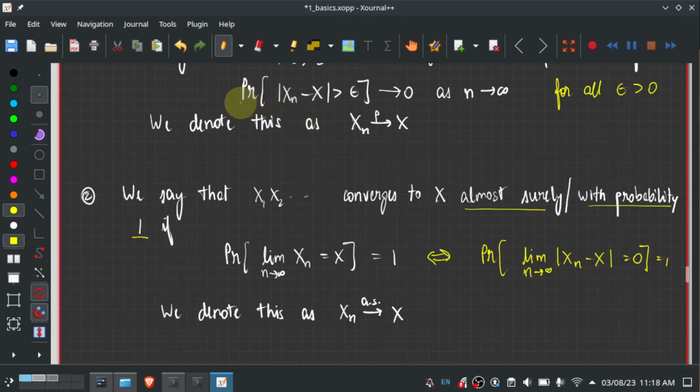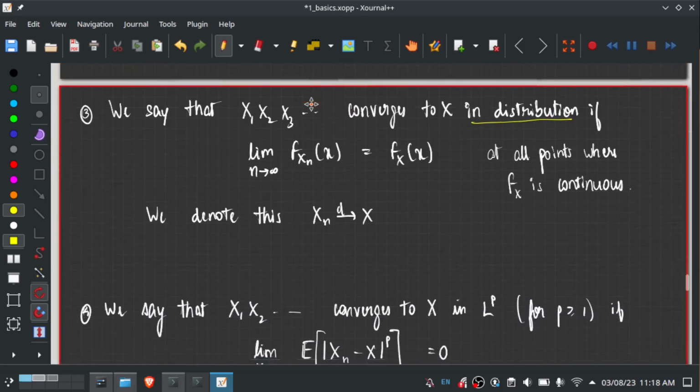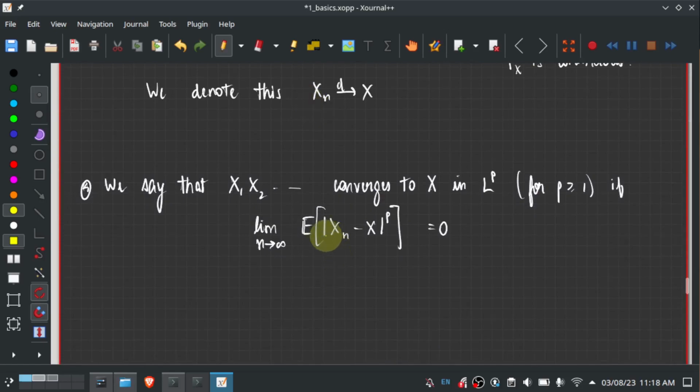So in this case, in probability, is xn close to x. But then you can also measure, let's say, the pth moment of mod xn minus x. And if this pth moment converges to 0, then we say that it converges to x in LP. So these were 4 definitions.